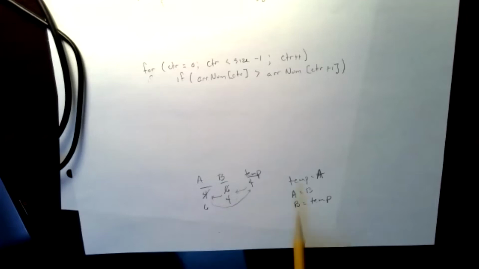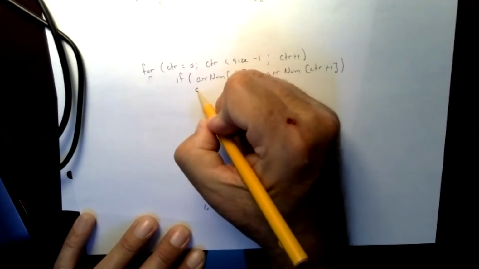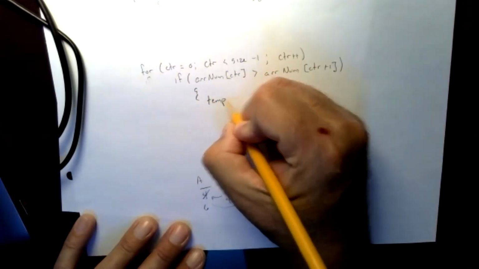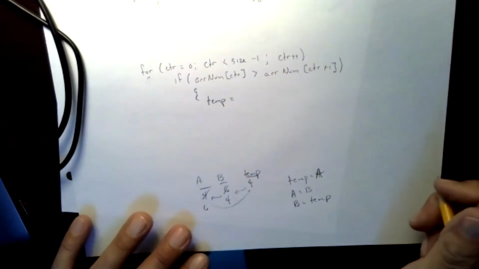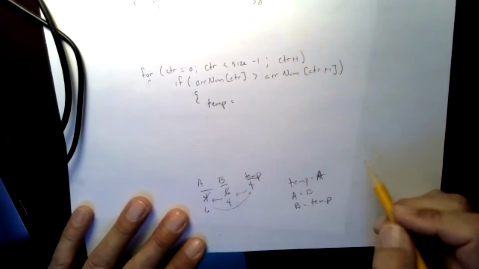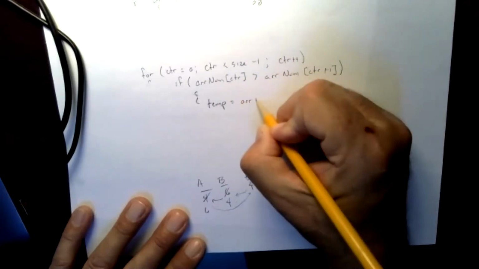Okay. So if it's greater than, I need to, first of all, swap them. So let's see, temp would get the value of A. But up here it would be what? Array num sub counter.